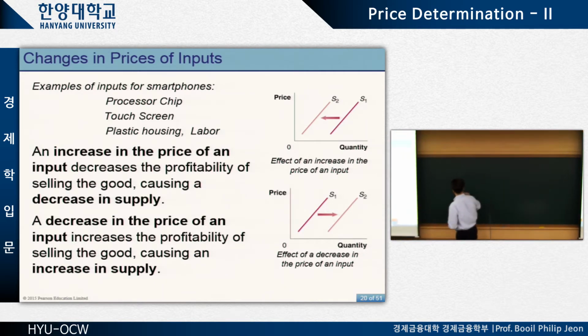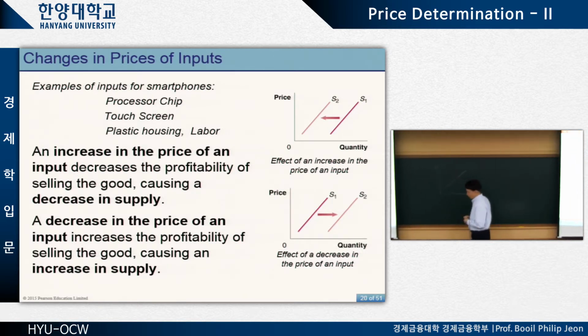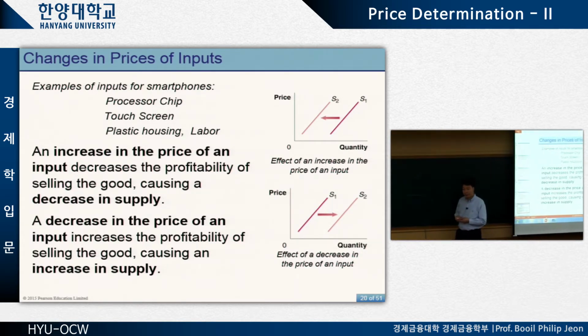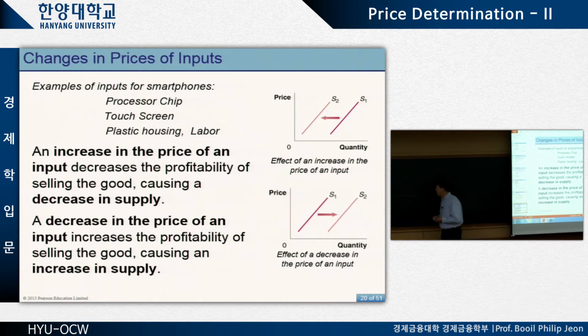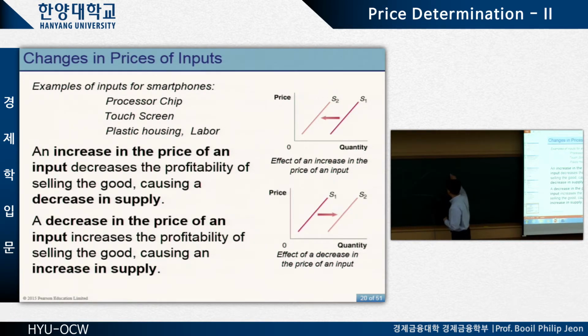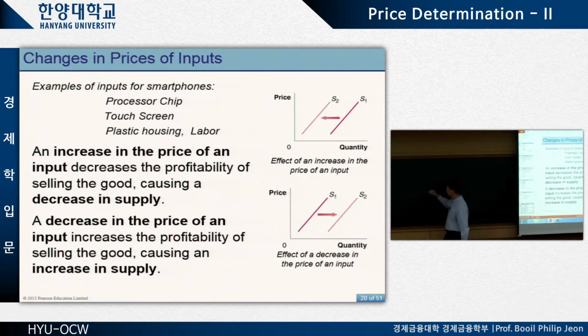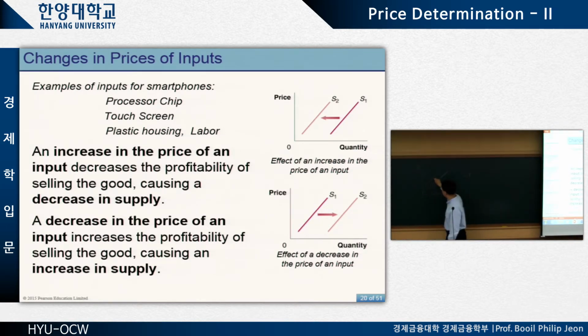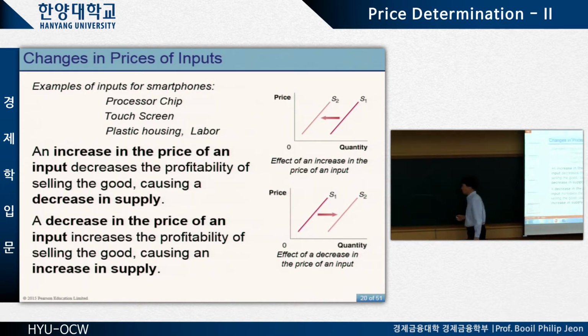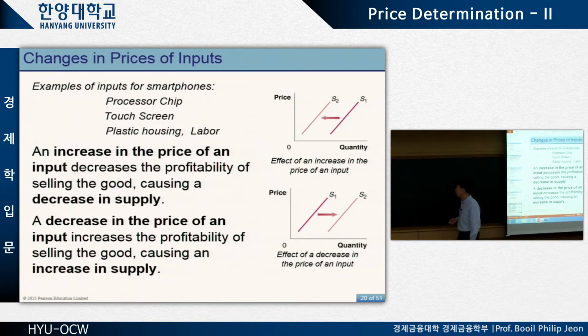Okay? So we have price, quantity. Let's say this is the initial supply curve for the smartphone, right? And the story is, okay, wages went up. What's going to happen to this supply? You're saying supply goes down, or the supply curve will shift to the right. I mean to the left, right?